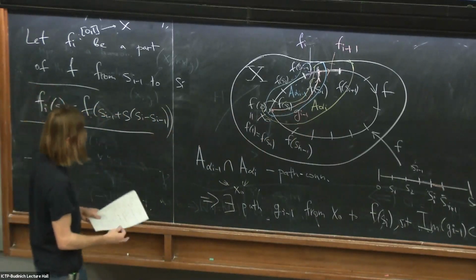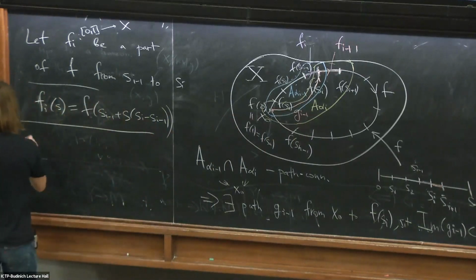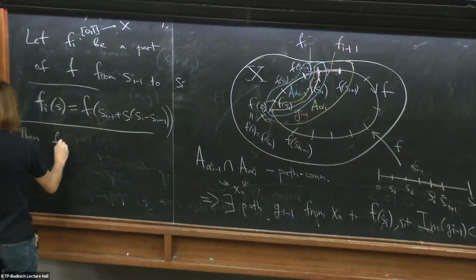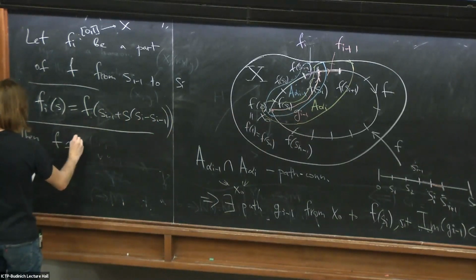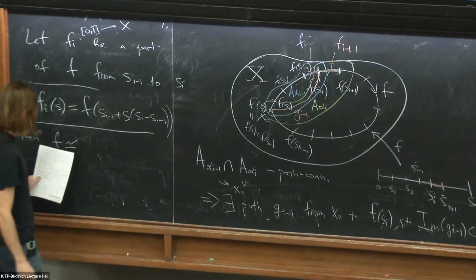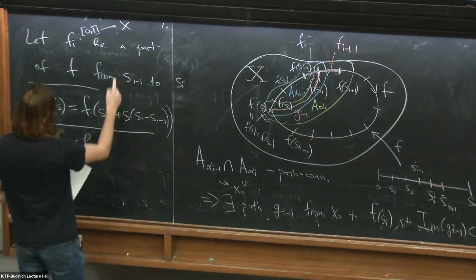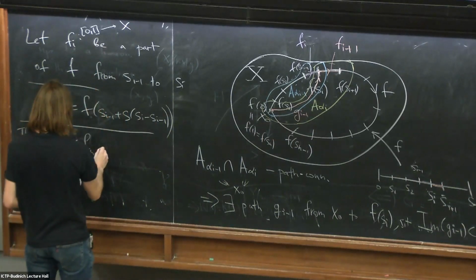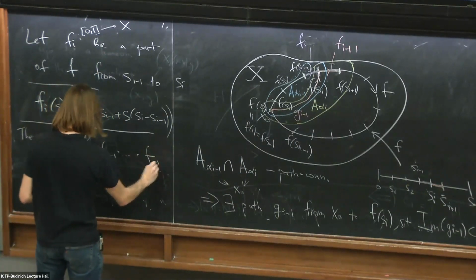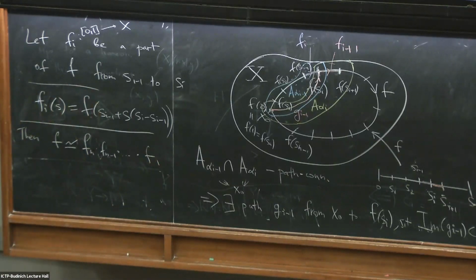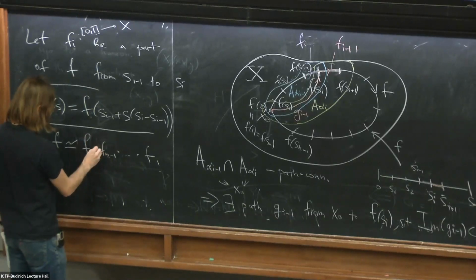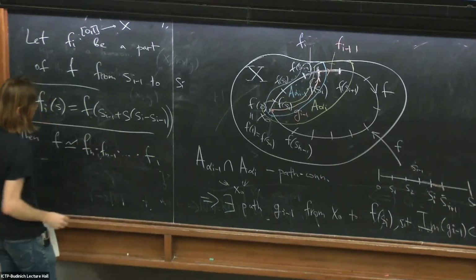And then we can see that, of course, by construction of these small paths f i, up to path homotopy, this f is given by the composition of all these small paths f i, starting from f1 till fn. I consider this up to path homotopy because I don't want to care about the order in which I compose these paths.